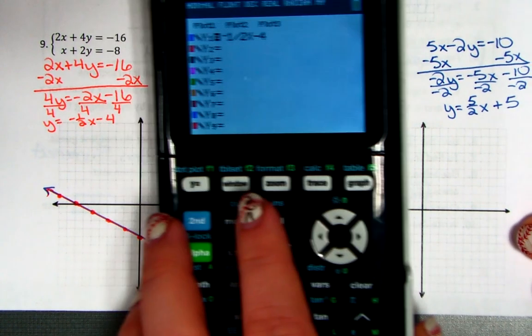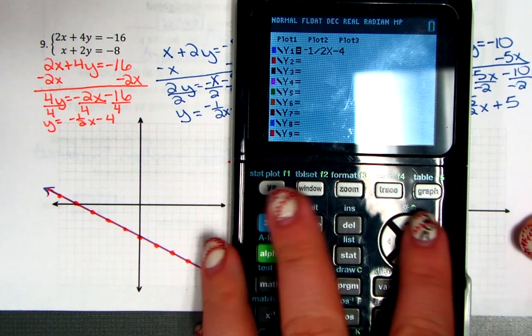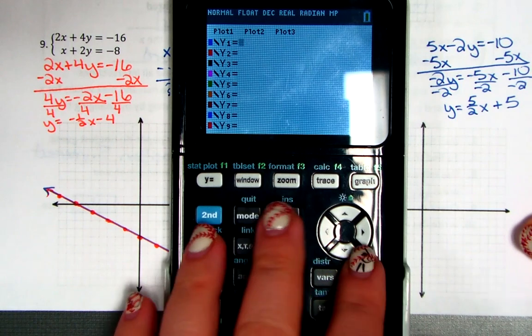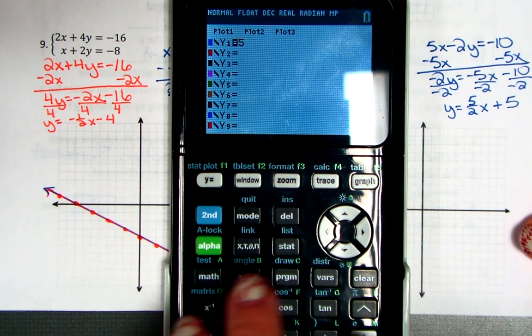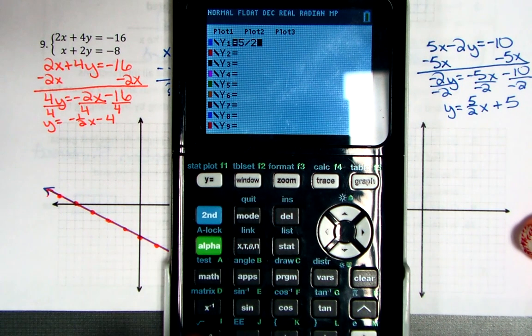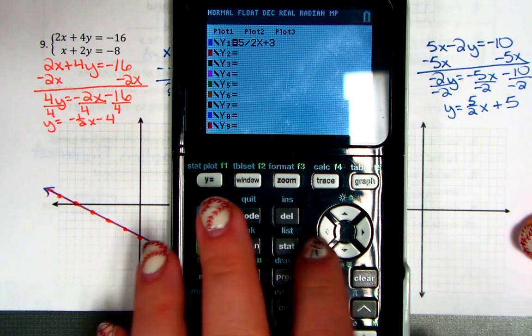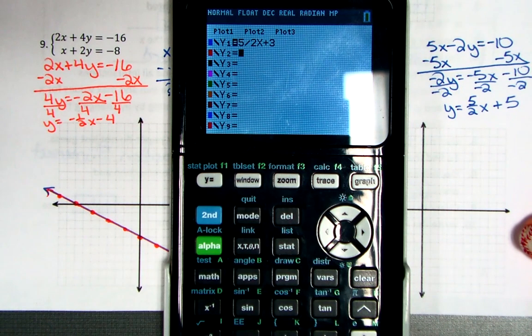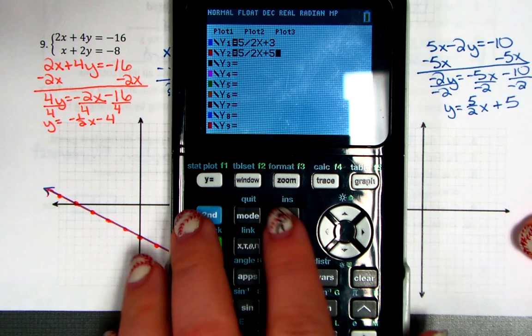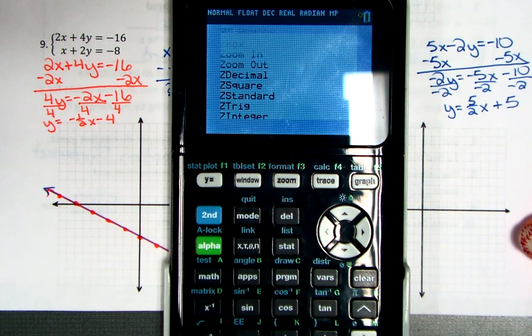So we'll enter in 5/2 x plus 3. And then in y2, we'll do 5/2 x plus 5. Zoom 6.